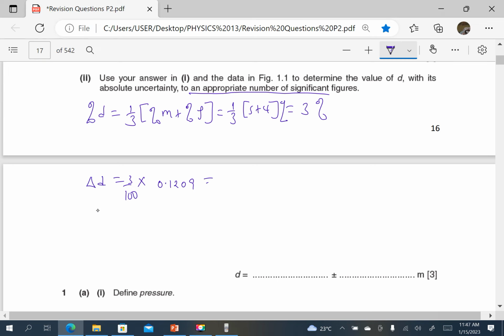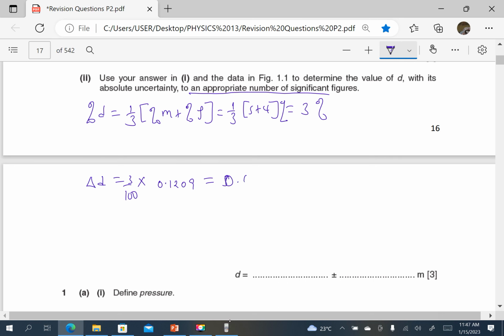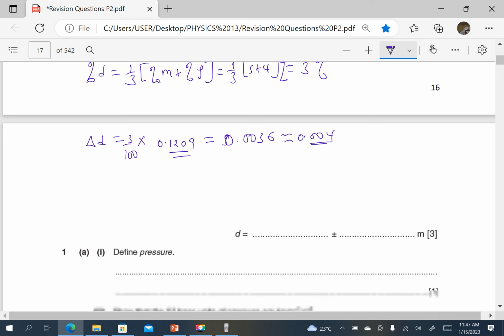So this is going to be 0.0036, which is approximately 0.004 to one significant figure, and this is 3 decimal places. So our answer should also be 3 decimal places. So this is 0.121 ± 0.004.